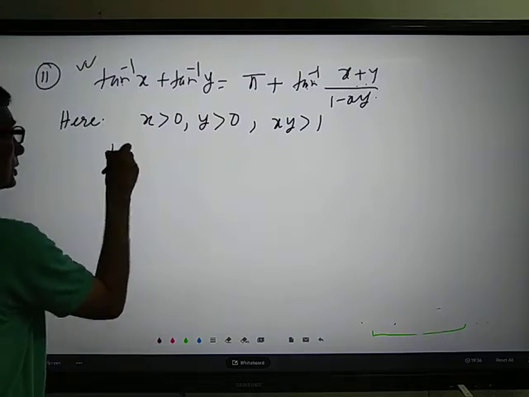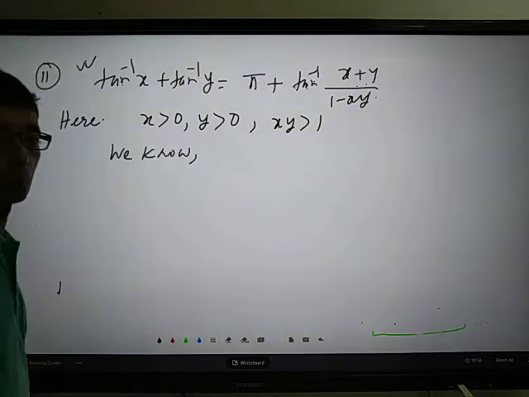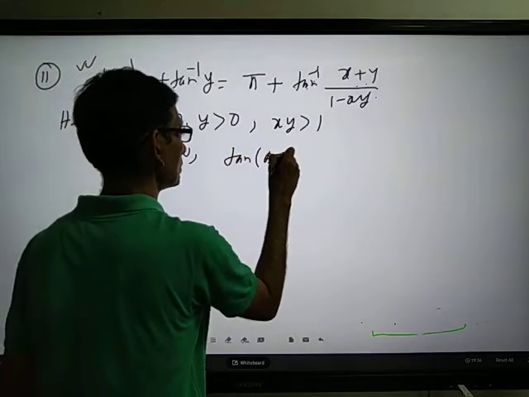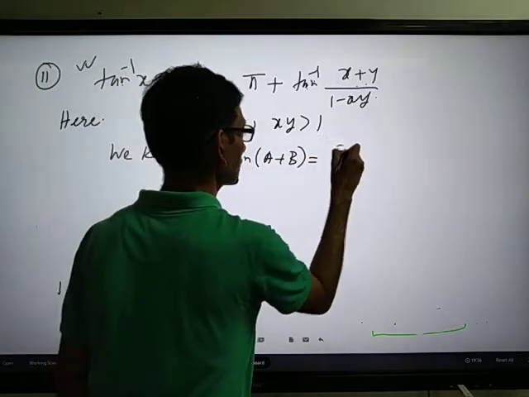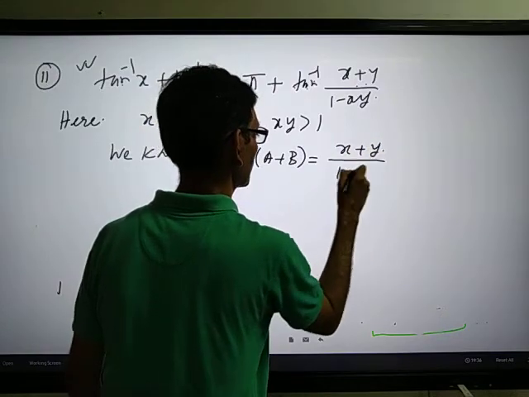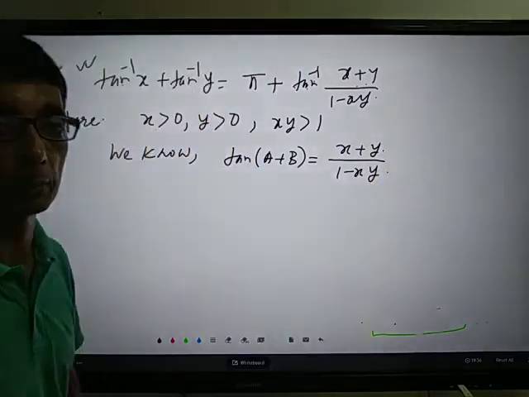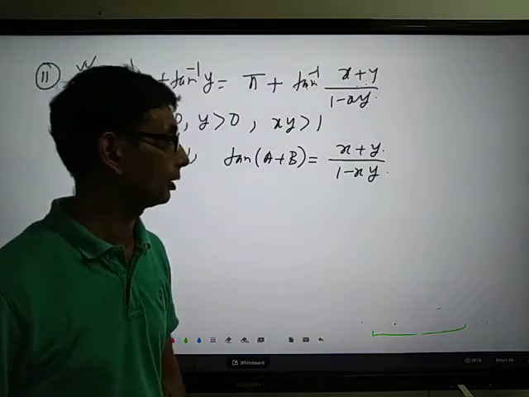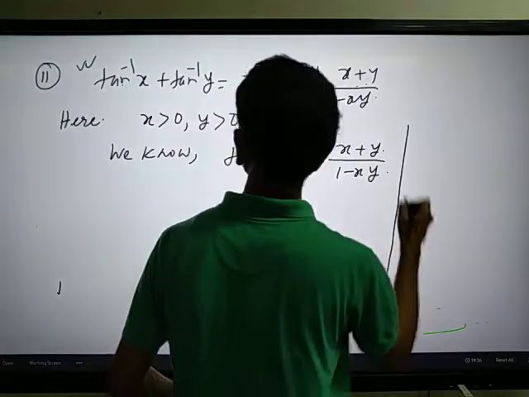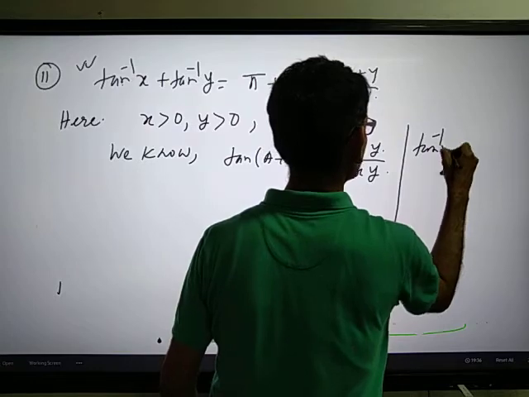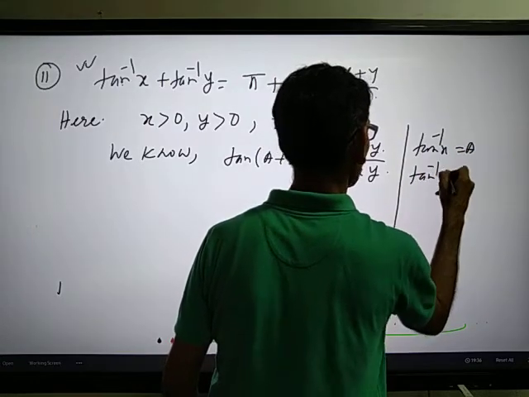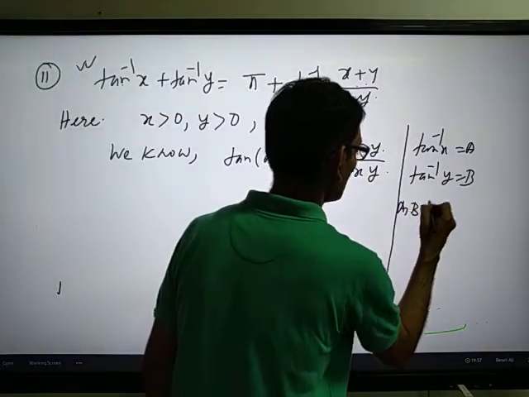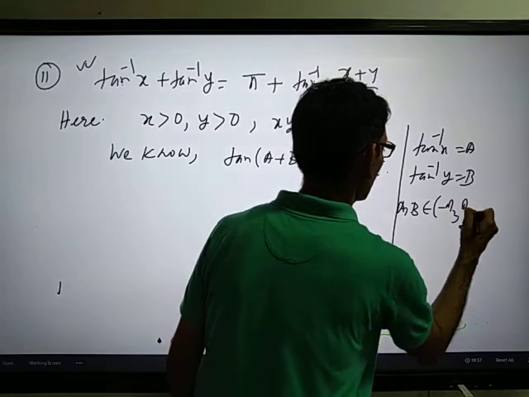Since these are steps we have already done, we're just going to write this formula directly. We know that tan(a plus b) is equal to (x plus y) divided by (1 minus xy). This formula we have already used for the previous two proofs. Here we are assuming that tan inverse x is equal to a and tan inverse y is equal to b, and remember that a, b belong to minus pi by 2 to plus pi by 2.